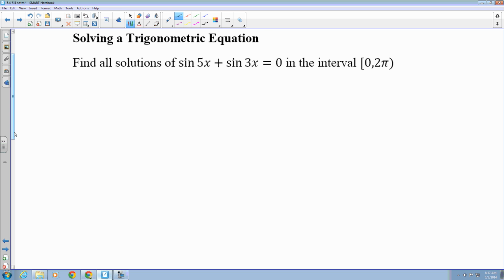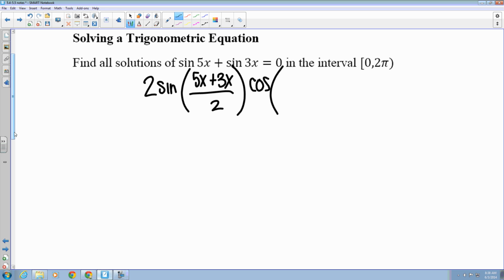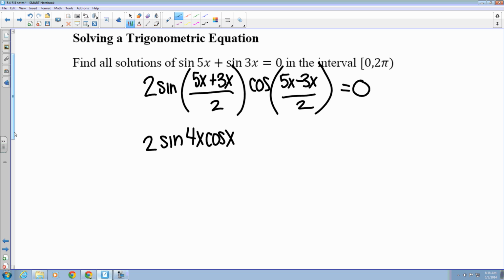Okay, solve a trig equation. Find all solutions of sine 5x plus sine 3x equals 0. We're going to do the same thing. We're actually going to do a sum to product formula here to turn this into one term and make it a little bit easier. Okay, so this simplifies to 2 sine 4x cosine x.